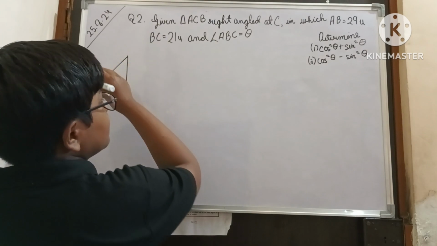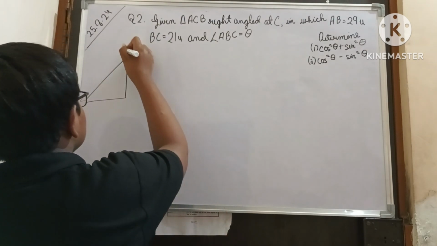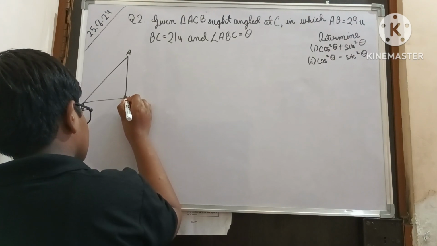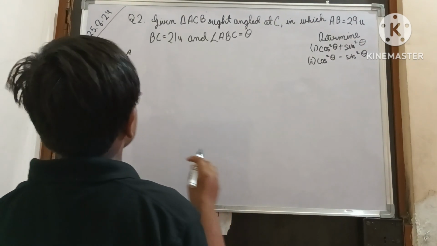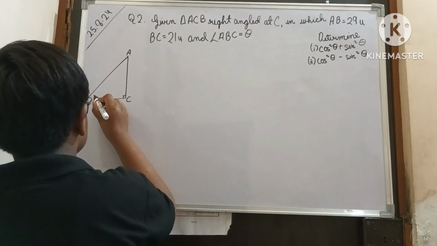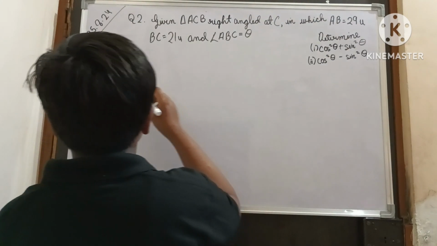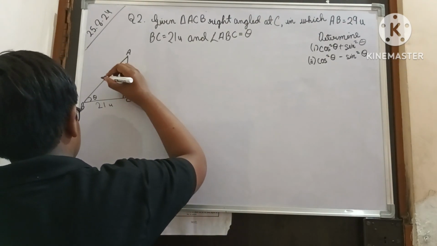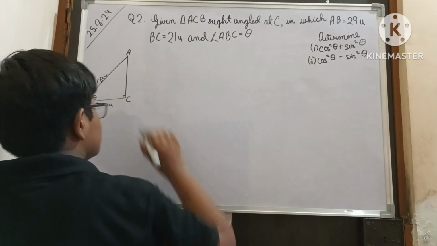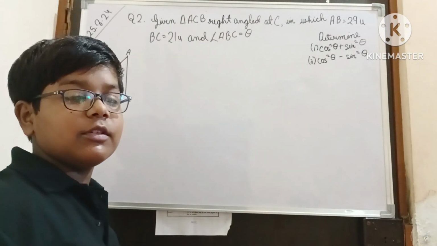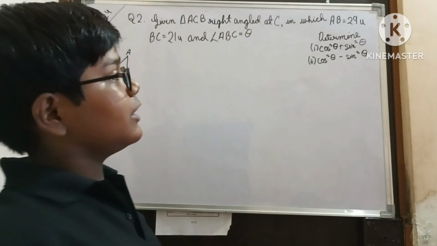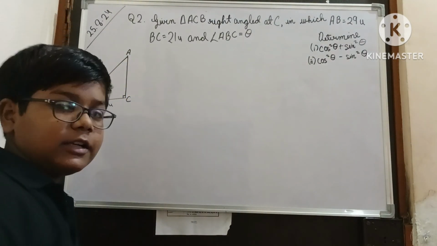So we will write BC is 21 units and AB is 29. So by Pythagoras theorem, we will find the value of AC first, and then we will determine cos squared theta plus sin squared theta and cos squared theta minus sin squared theta.